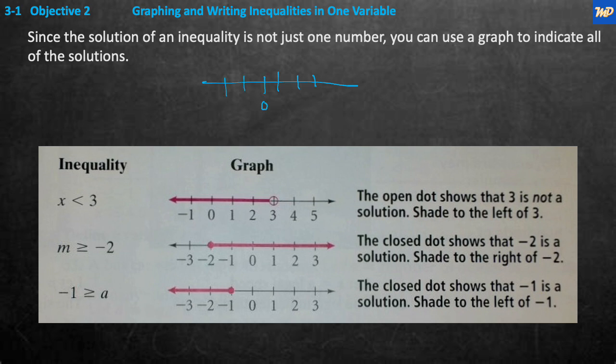We start at 0 here, 1, 2, 3. Here's -1 and -2, okay? If I want to talk about including or not including the number when I'm drawing a line, I can draw the line from, say, 1, to the right.